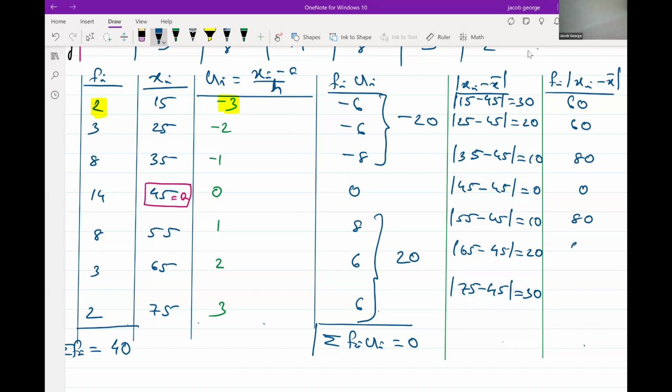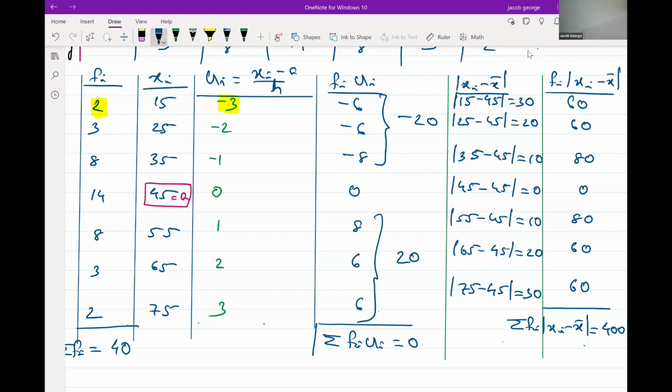80, 60, 60. Then you will add this. So what is sigma fi modulus xi minus x bar? 400. So sigma fi into modulus xi minus x bar is 400. Clear? Done?